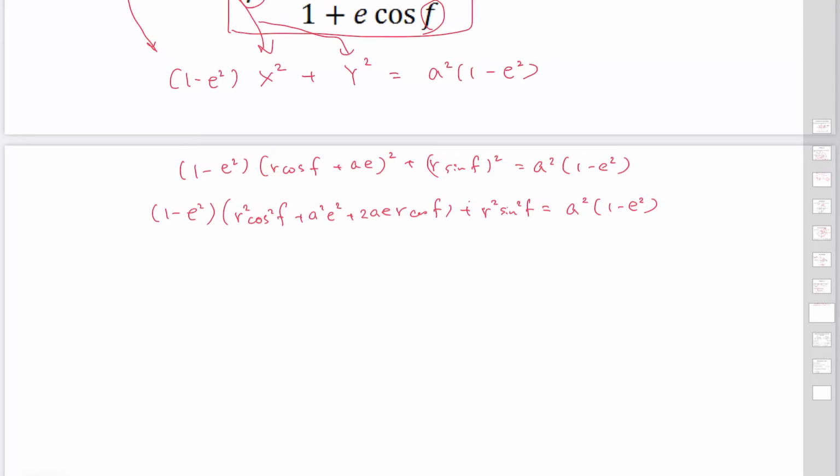Then from this equation, you can look at these terms to use cosine squared f plus sine squared f equals 1.